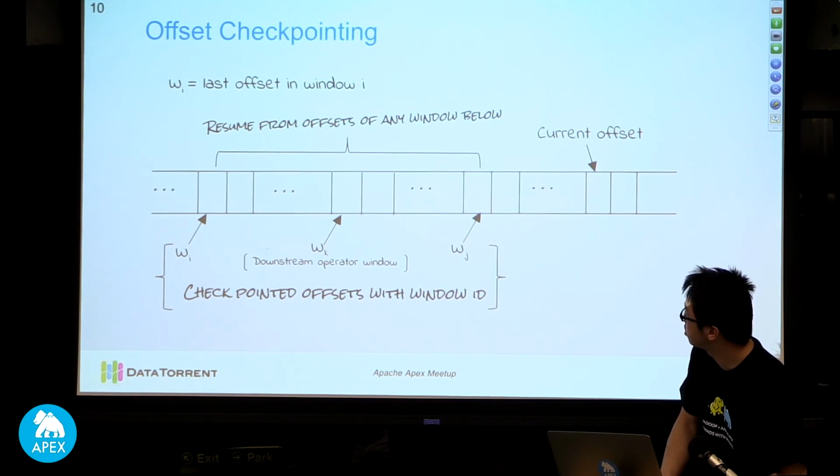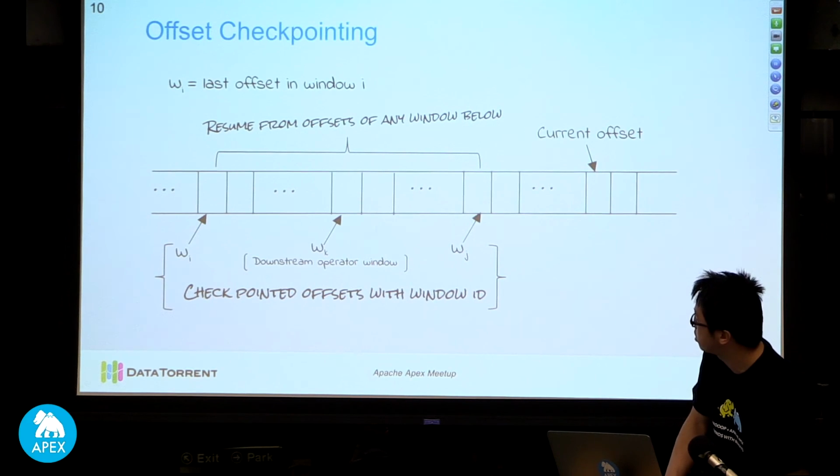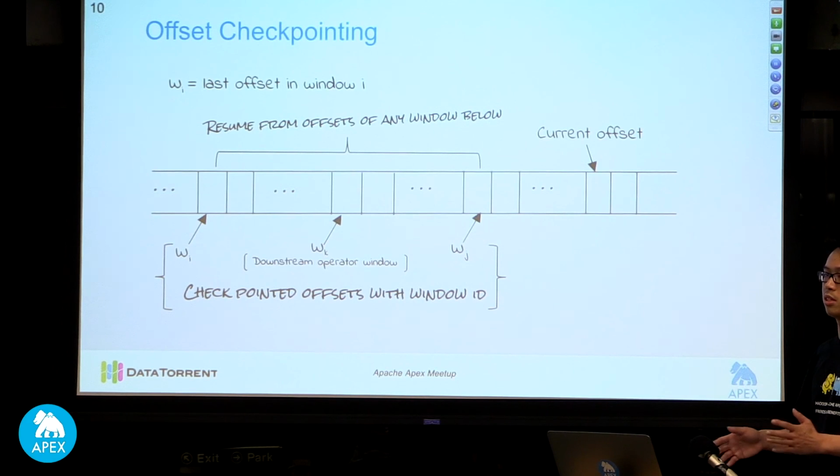Let's assume this input operator instance keeps the history offset with window ID from window I to window J. And then let's assume the downstream operator is at window K. So the window here is the streaming window that Thomas talked about.